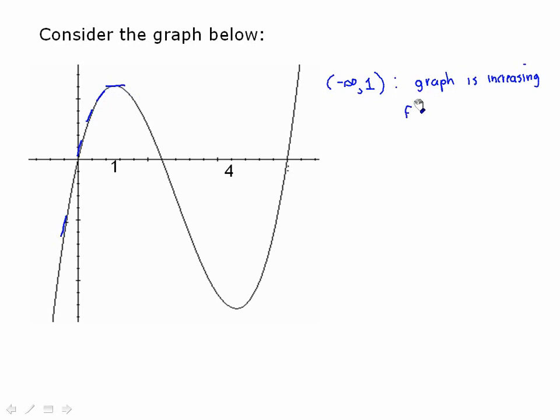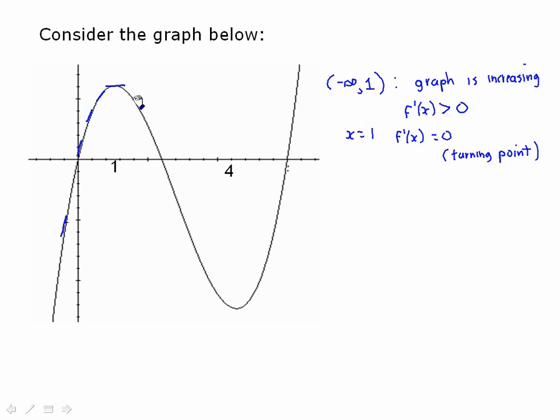So this would make sense. f prime at x is greater than 0, or I hope it makes sense. The first derivative would be positive. And then right at x equal 1, we would say that f prime at x is equal to 0, a turning point. So the first derivative, the slope of the tangent line, is 0, so the first derivative is equal to 0.